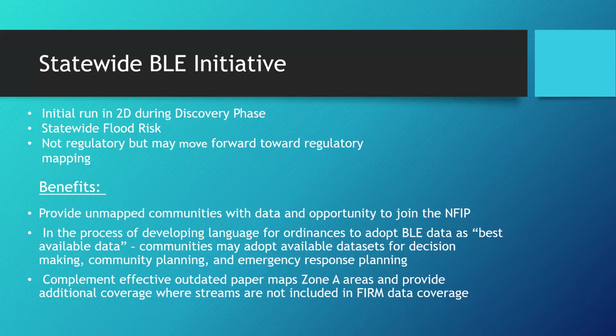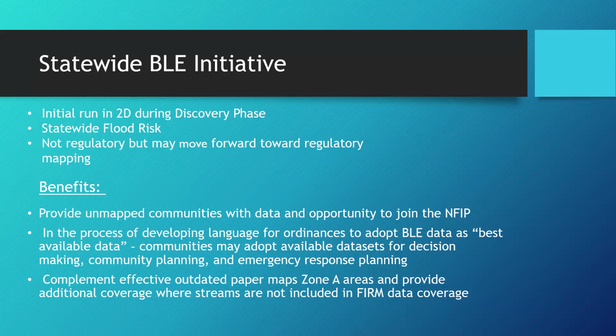And so, as I mentioned, it's something that we have as best available data for communities that don't have a map, and many of them are not currently scheduled to get a regulatory map. And so we have this available to adopt as best available data. That way they could join the NFIP and have something to regulate to that isn't regulatory binding, because there's certain NFIP requirements that go with the regulatory part, but if they have this, they would have something to base their program on as far as permitting and development and things like that.